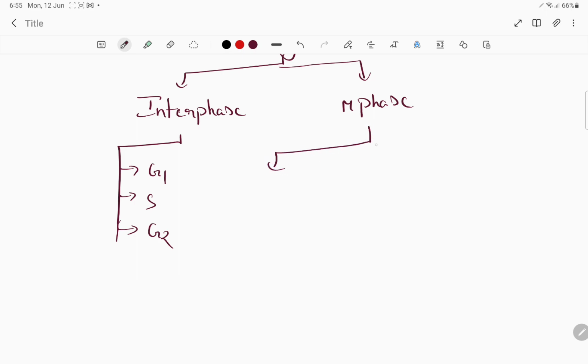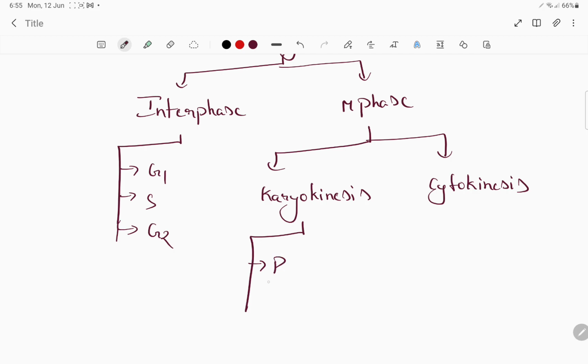And M phase is again divided into two categories: karyokinesis and cytokinesis. Coming to the karyokinesis, we again have prophase, metaphase, anaphase, and telophase. Cytokinesis is different for plant cell and different for animal cell.